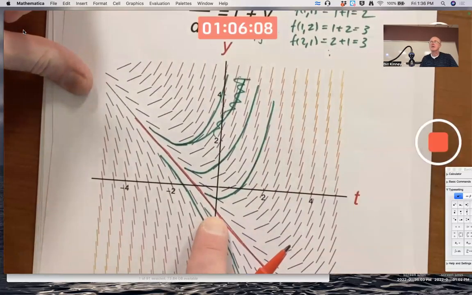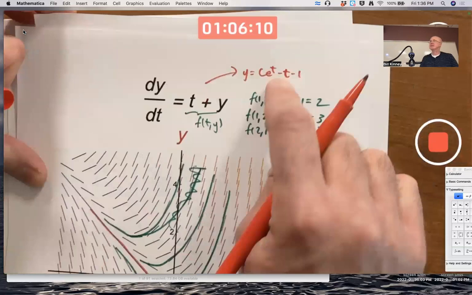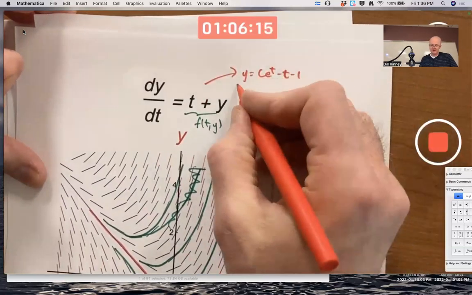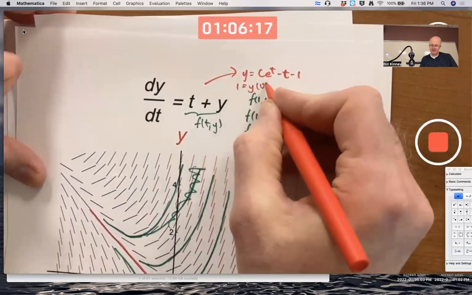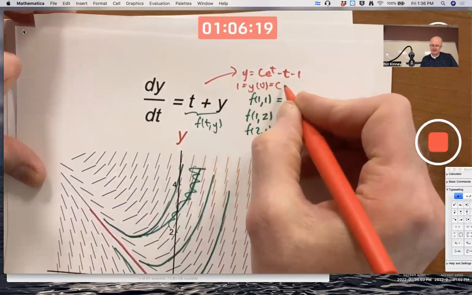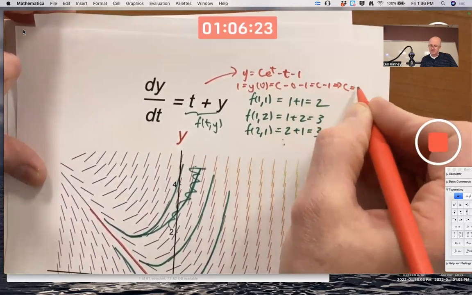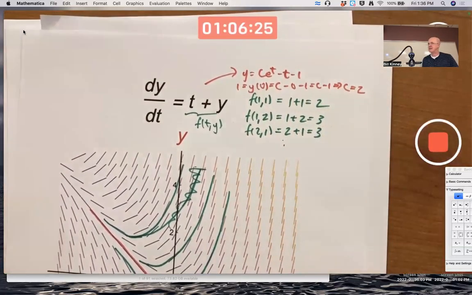By the way, the c here does not equal the initial condition. If y of 0 equals 1, for example, c ends up equaling 2. So the c is not the same as the initial condition for this example, but you can use the initial condition to solve for c.